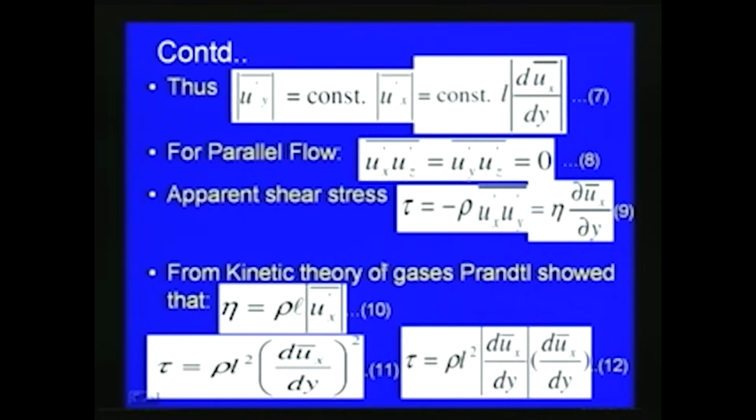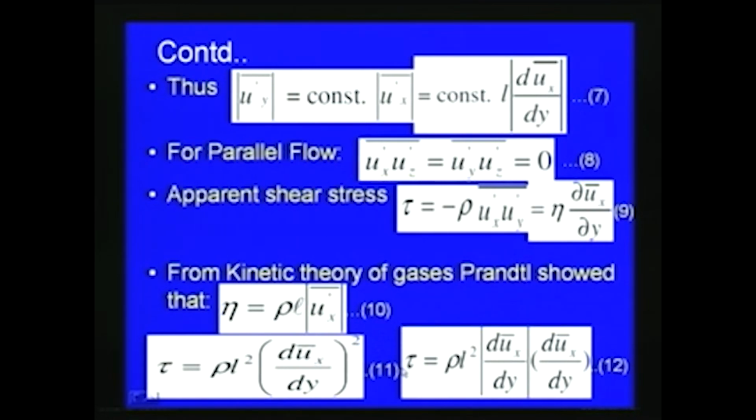And from the kinetic theory of gases, from which he derived this theory, eta is equal to rho L u x dash bar. And finally, by using 10 in 9, we can write the shear stress tau is equal to rho L square into du x bar by dy all square, where L is the mixing length.